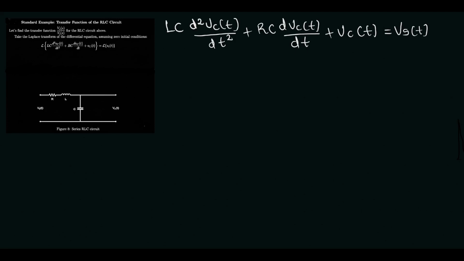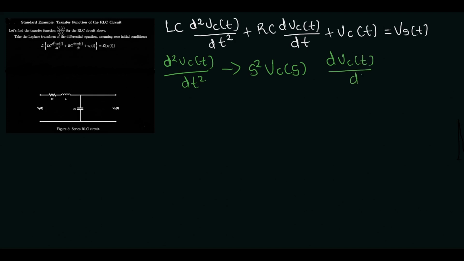You know that your d squared Vc of t over dt squared will give us s squared Vc of s, and your dVc of t over dt will give you s Vc, right?